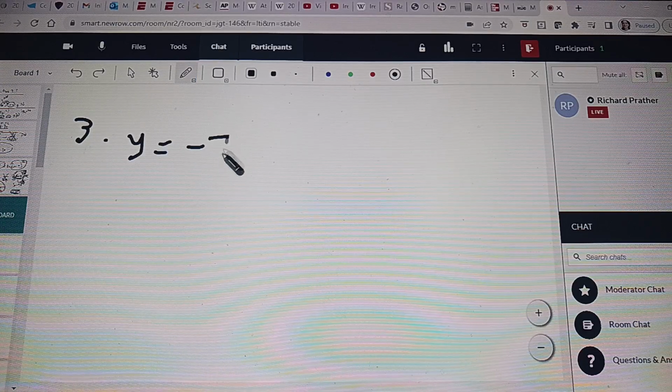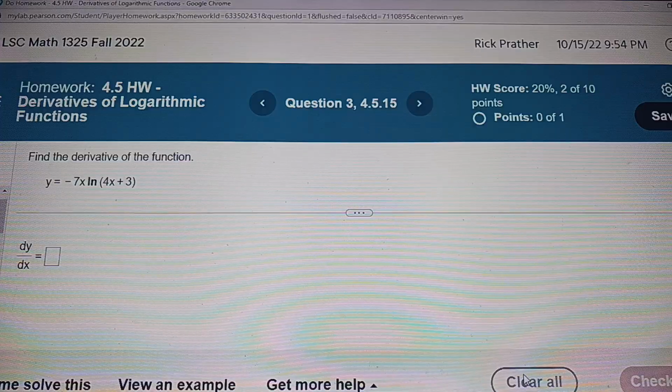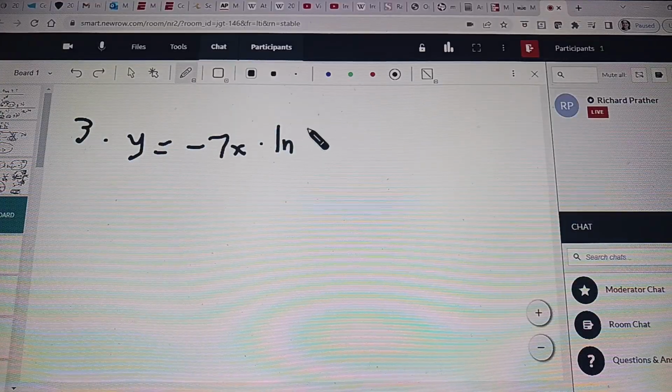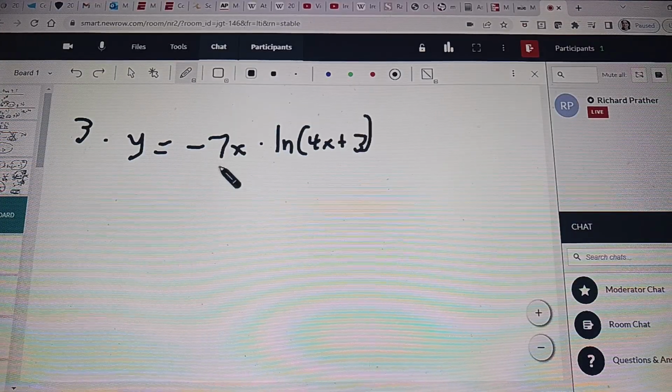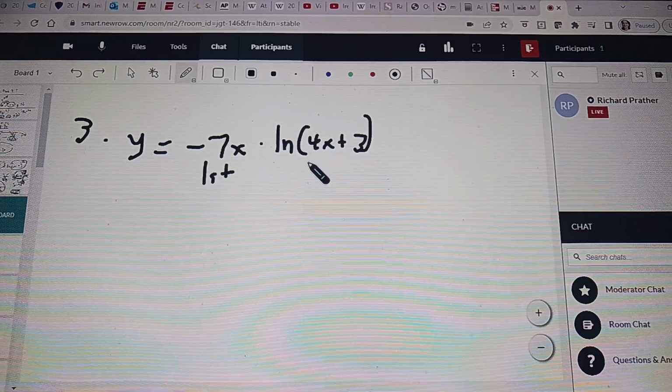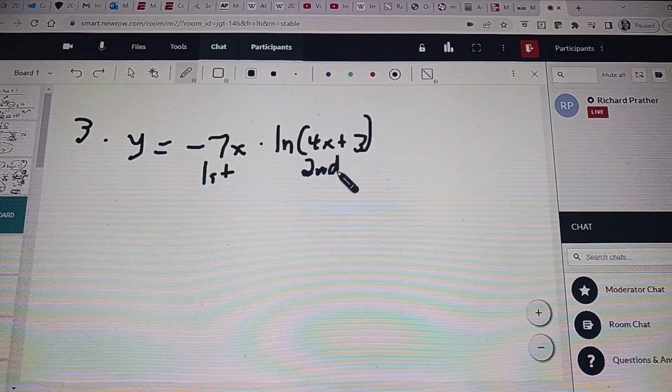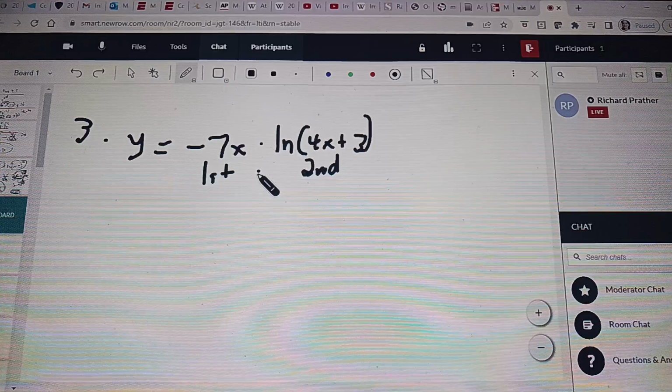Negative 7x times, they didn't write that, but there's a times there, ln of 4x plus 3. I've got a first function of x times a second function of x. This is the power rule. I'm sorry, the product rule.